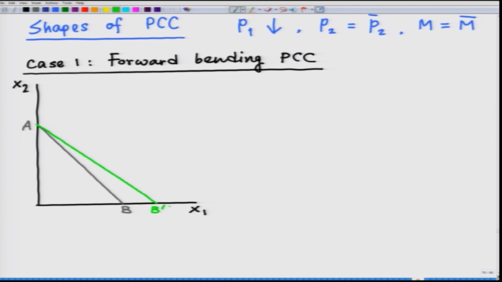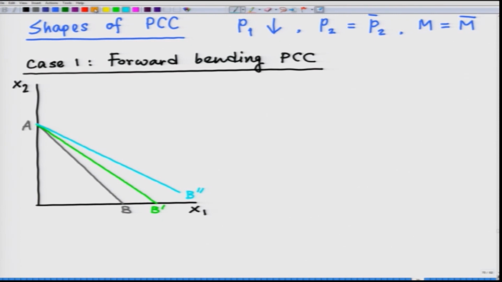So, the budget line rotates along point A. Now, there is a further fall in price of commodity 1, budget line becomes even more flatter and we get A B double prime as the budget line. Now, as the price keeps on falling, the budget lines will create new tangency points with the indifference curves, right.